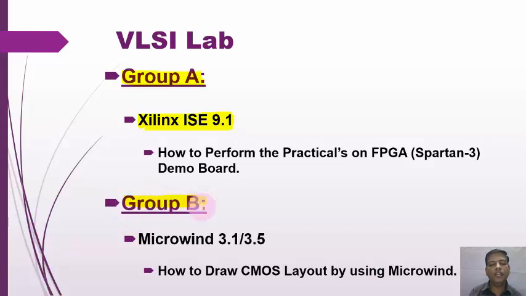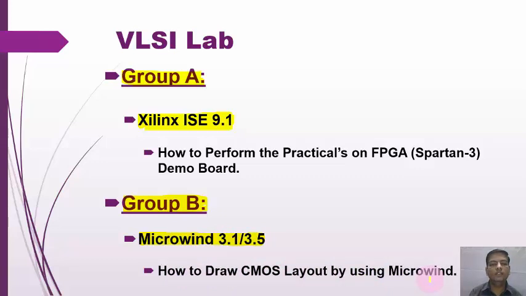Then the group B practicals, which we are going to perform on the software Microwind 3.1 or Microwind 3.5. Basically, for the group B practicals we utilize the Microwind software, with which we draw the CMOS layout.